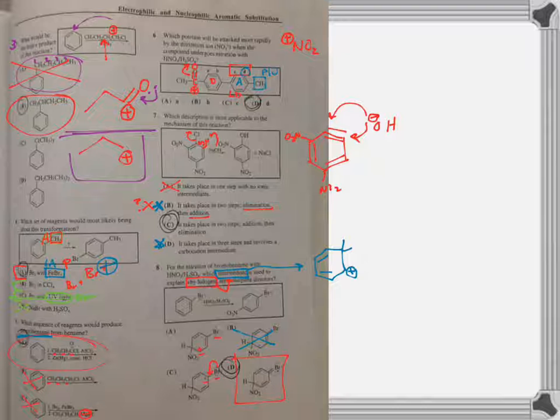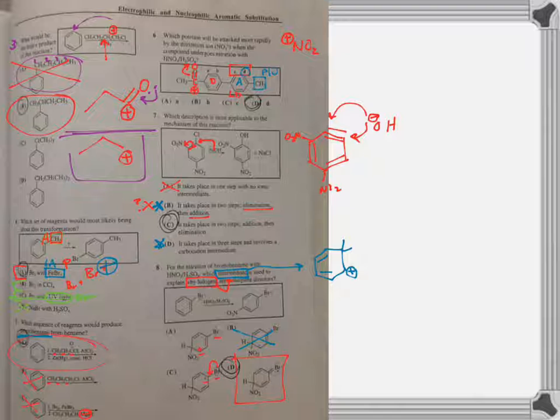C, it takes place in two steps: addition, then elimination. Well, yet another mechanism. So addition, we're saying the OH comes in and attacks, but then we'd have to break a pi bond. So this pi bond would have to break somewhere. I could shift that over to here. Would I be allowed to do that shift?